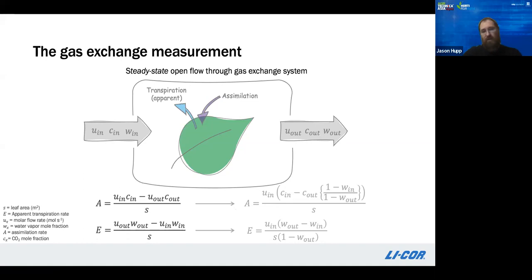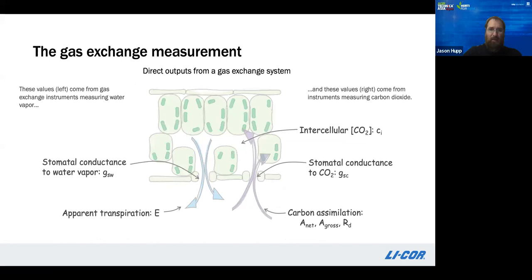Okay, well, this gets us our assimilation measurement. It gets us a transpiration measurement. And we can take these two basic measurements and use them to tease apart a whole host of different gas exchange parameters from the leaf. These are the sorts of things that we report directly from an instrument. Like I just said, this is the way we get transpiration. This is the way that we get assimilation.